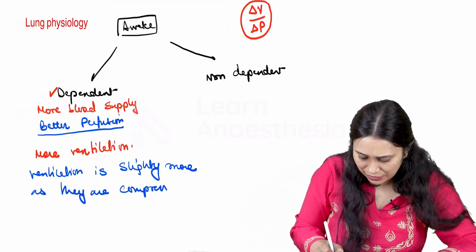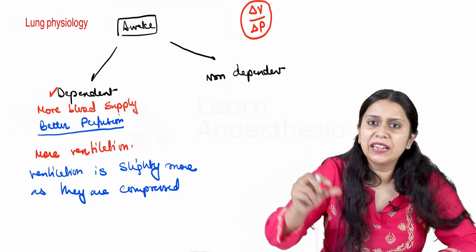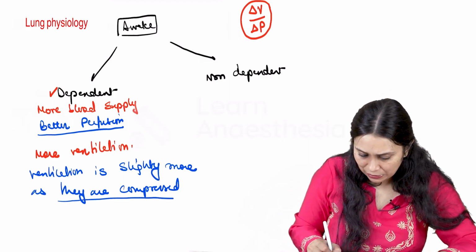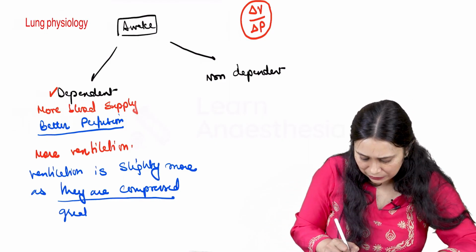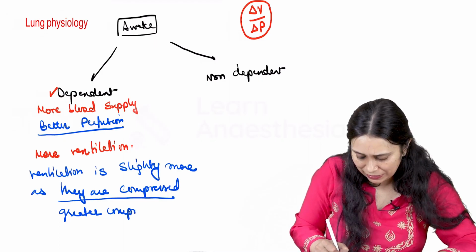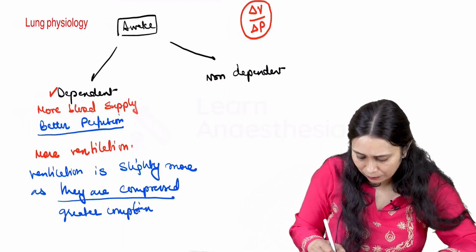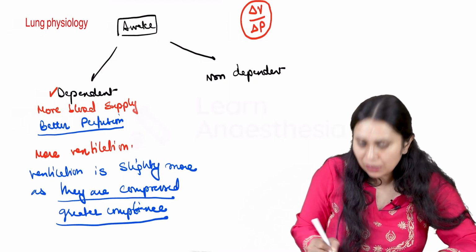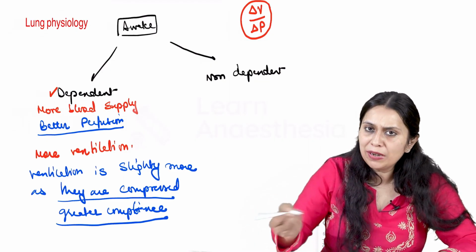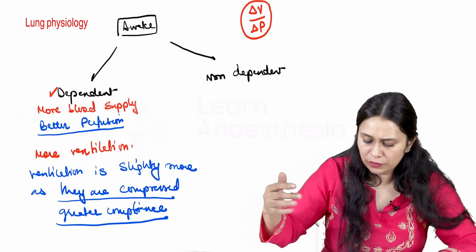The compressed segment would definitely have a greater compliance. They can increase their volume more. They have a better compliance, right? Once the atelectatic segment has opened, a little pressure would increase more of the volume.